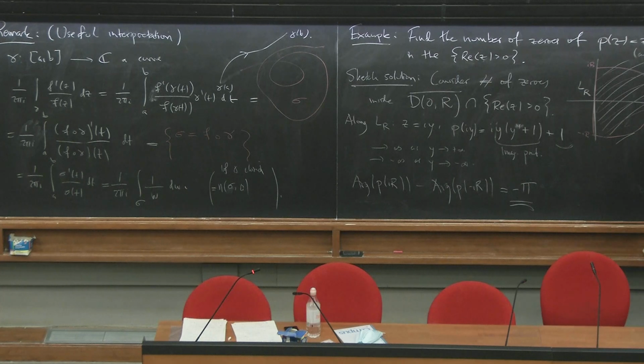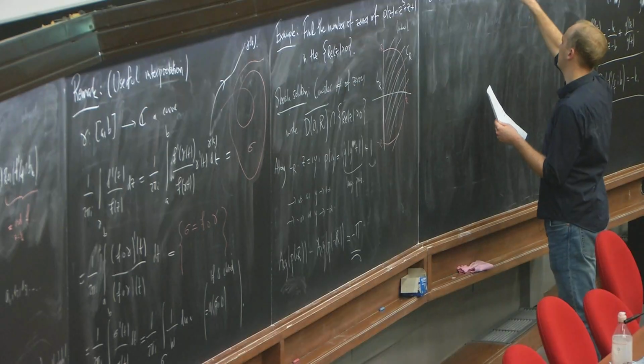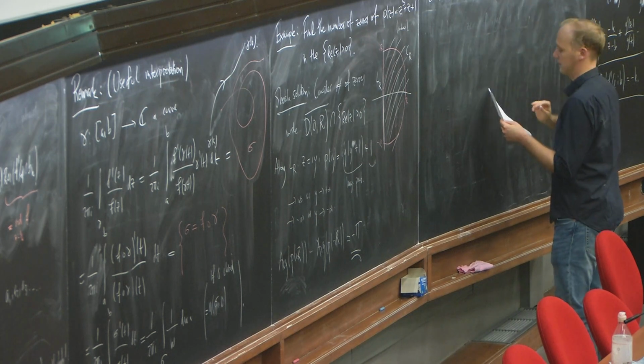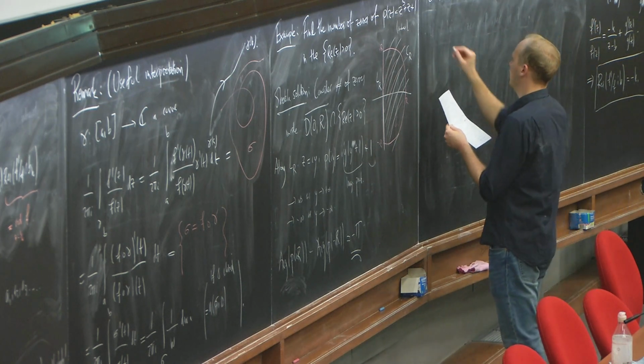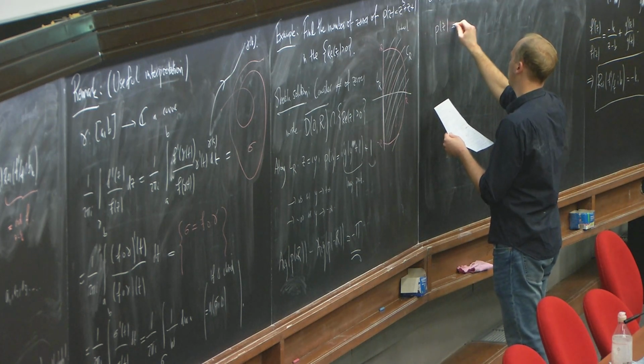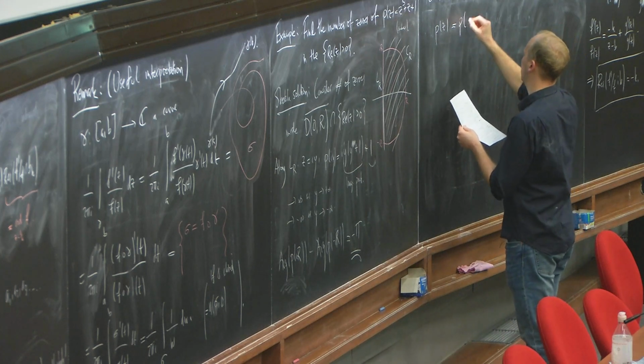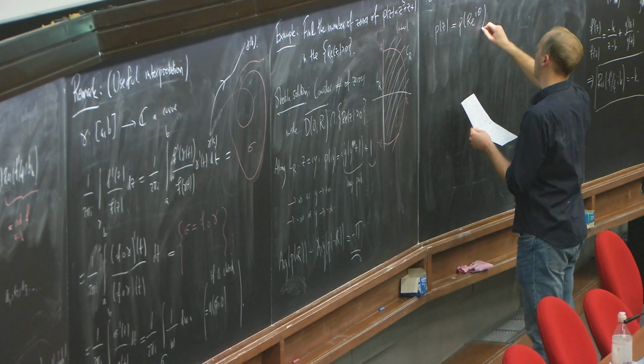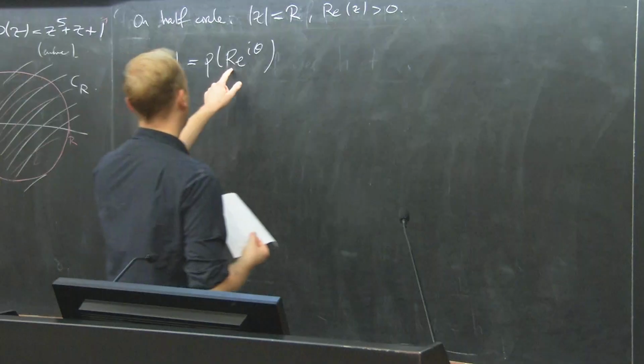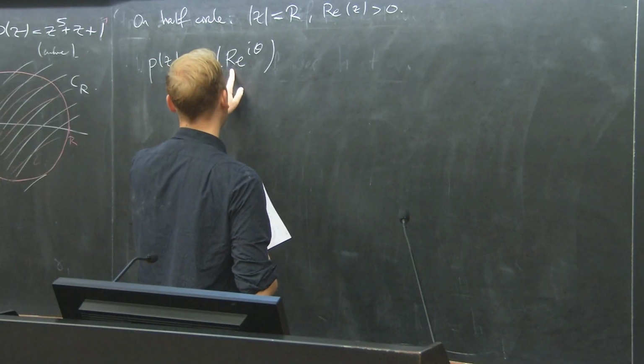Okay, so on the half circle defined by this, and real part greater than 0, then P of Z is equal to, so we'll look at it in this polar form, in this exponential form.